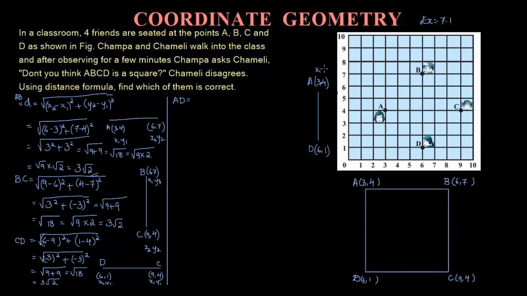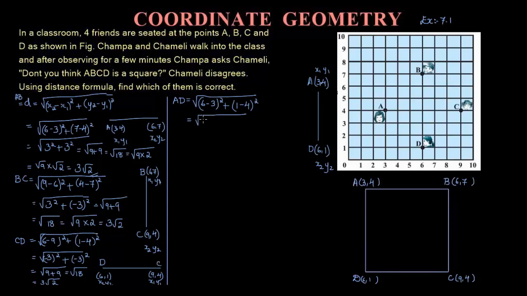Let it be x1, y1 and x2, y2. So the formula says x2 minus x1, that is 6 minus 3. So 6 minus 3 whole square plus 1 minus 4 whole square.